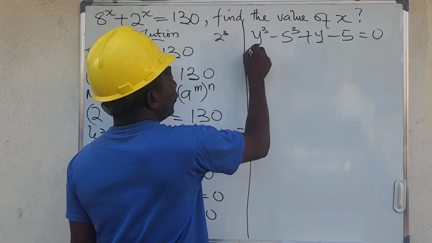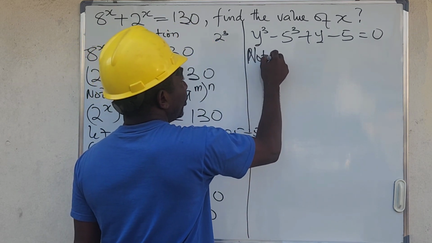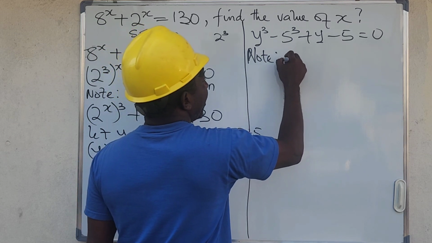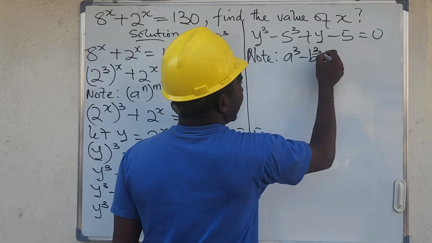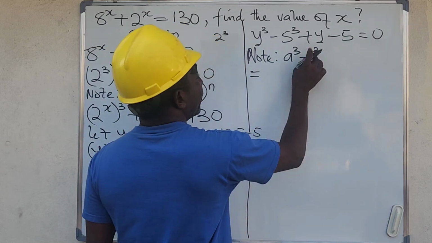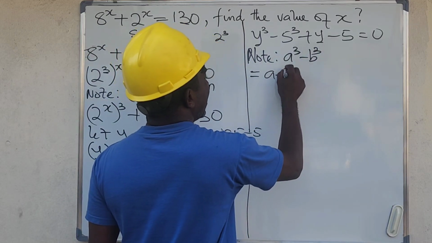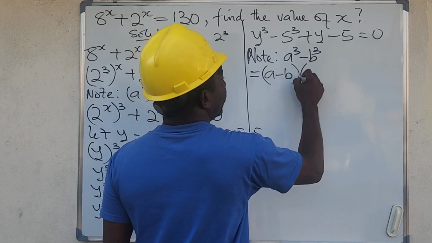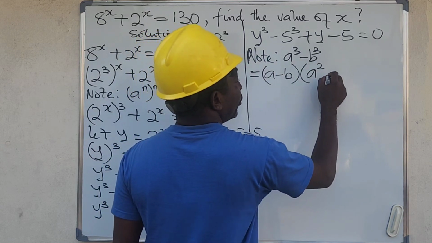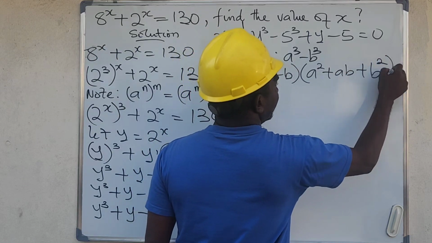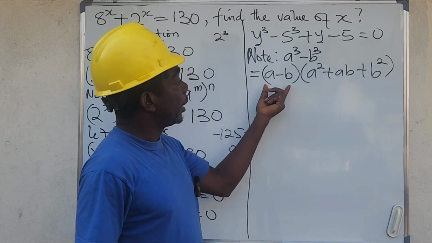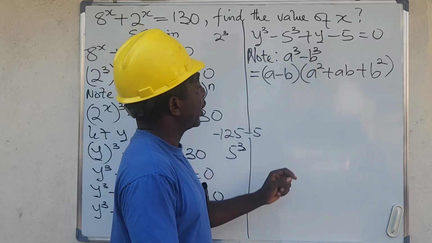So we recall that when we have a raised to the power of 3 minus b raised to the power of 3, it is the same thing as a minus b all into a raised to the power of 2 plus ab plus b raised to the power of 2. So this is the factorization of a cubic expression.